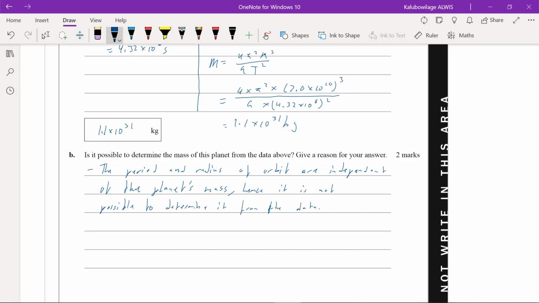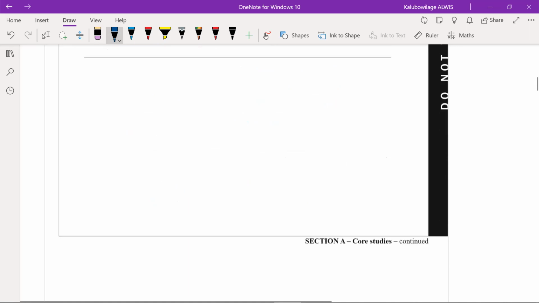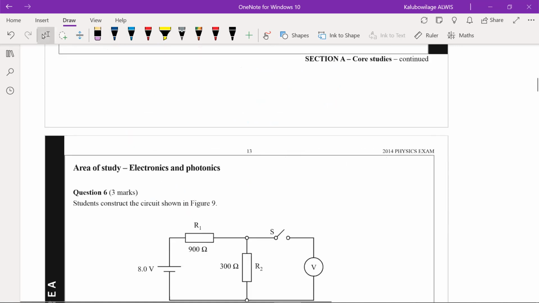Or you could also use the formulas to show that the masses cancel out. Oh, we don't do that in this.